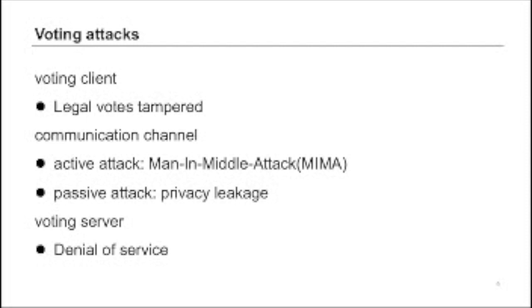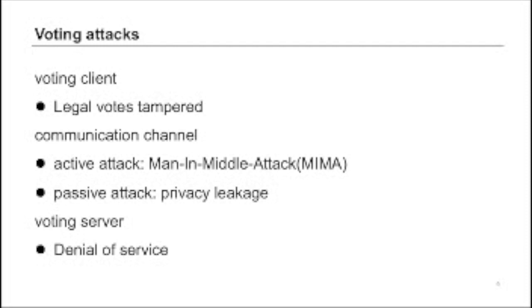Once the hardware is controlled, the output will be the message attackers want, no matter what we input. Then communication channel attacks. Communication channel attacks occur during message transmission. They are classified into active attacks and passive attacks.